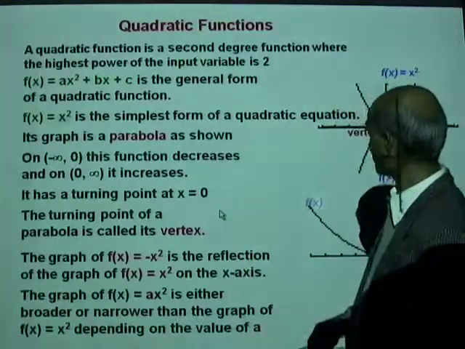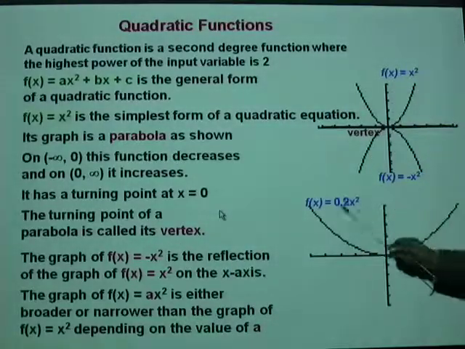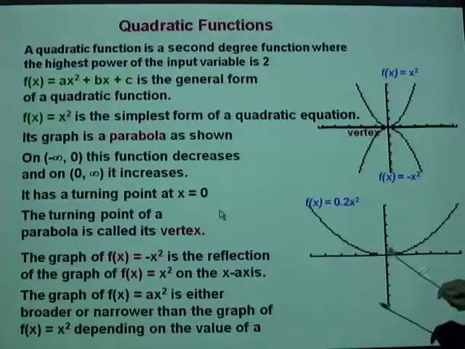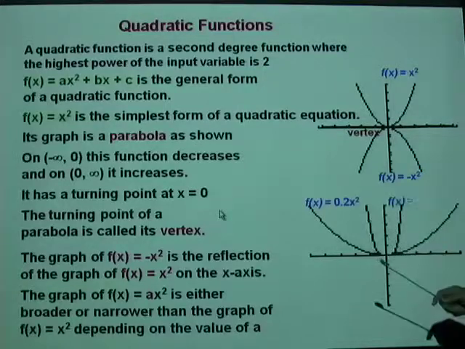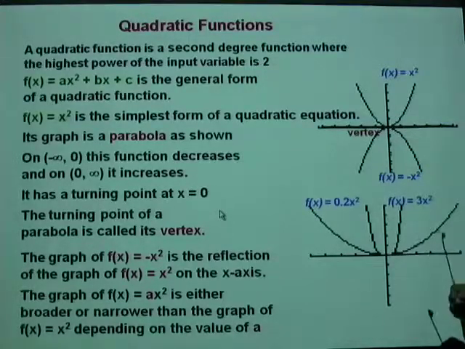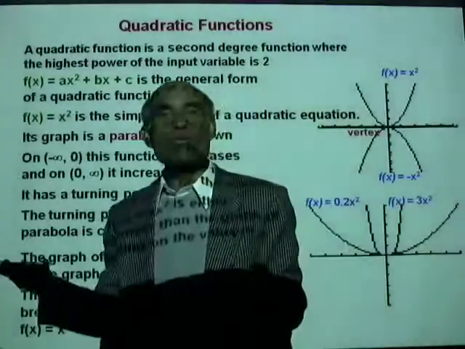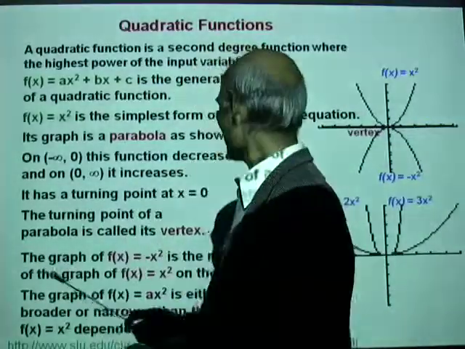That's right. Now there you have f of x equal to 0.2 x squared. A is the small quantity. And you have f of x equal to 3x squared, and it is a narrow parabola. All these we discussed already.